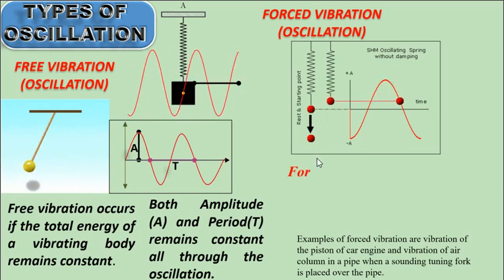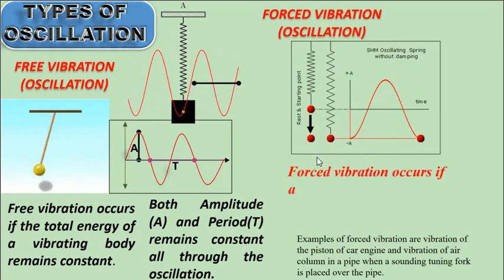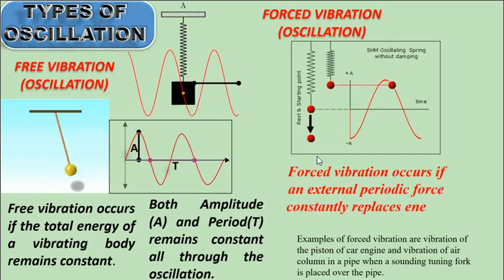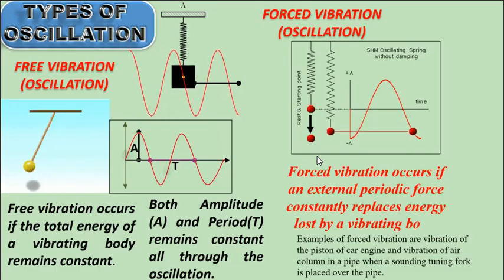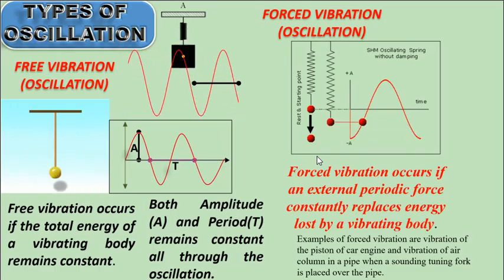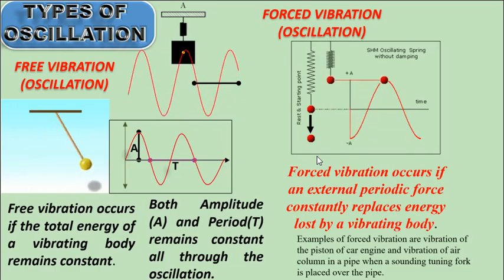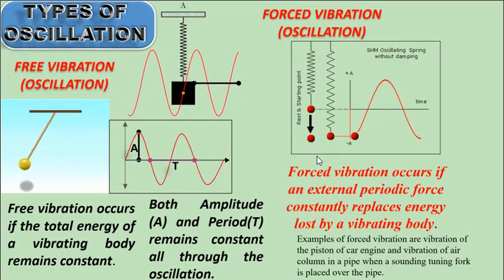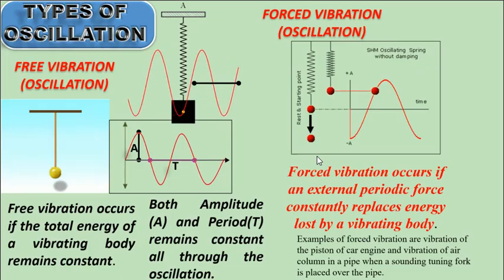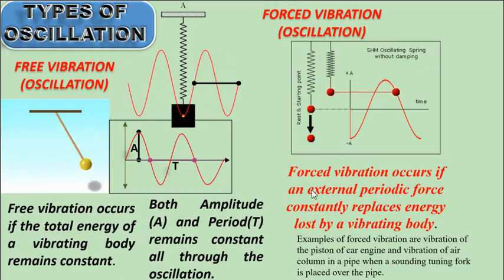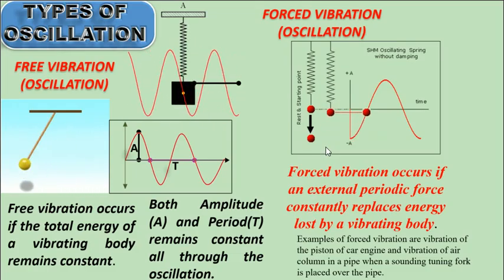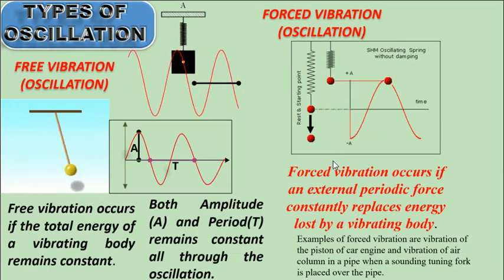A forced vibration happens when an external periodic force constantly replaces energy lost by a vibrating object. When that happens, we have what we refer to as forced oscillation or forced vibration.